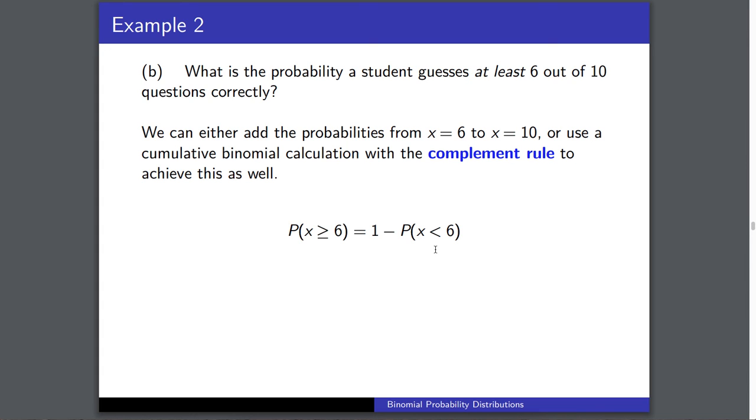In that calculator, you probably have to put in less than or equal to 5. So 1 minus the probability of 5 or less. And that'll actually come out to be not a whole lot better, but slightly better. So now they're at about a 0.637% chance to pass the test if they need to get 6 out of 10.